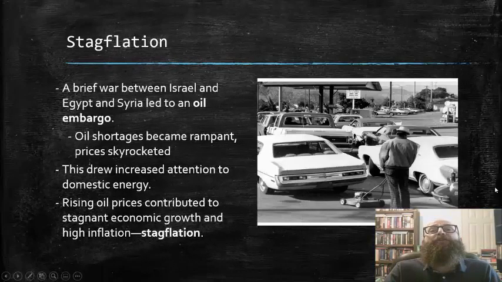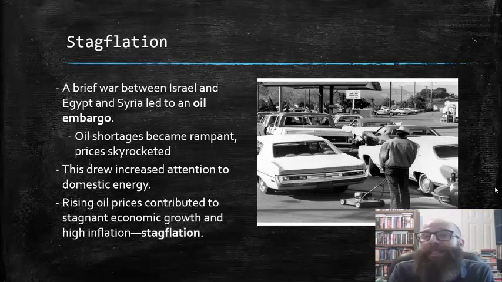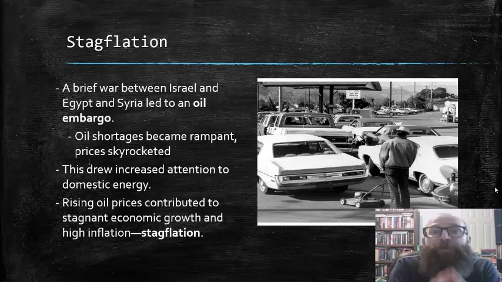The economic issues were exacerbated due to a brief war between Israel and Egypt and Syria, which led the Middle Eastern oil-producing countries to issue an oil embargo against the United States and many other Western nations at the time. Oil shortages became rampant and prices skyrocketed.